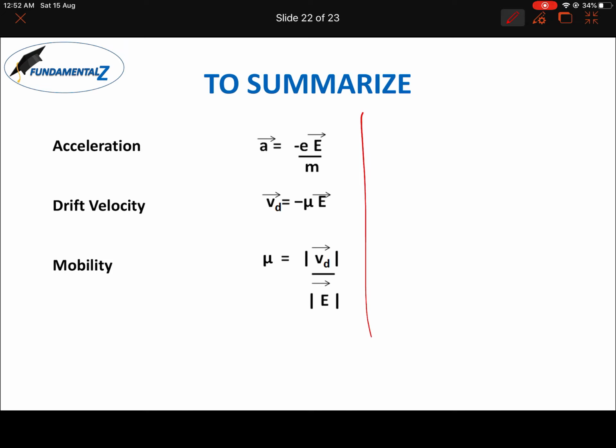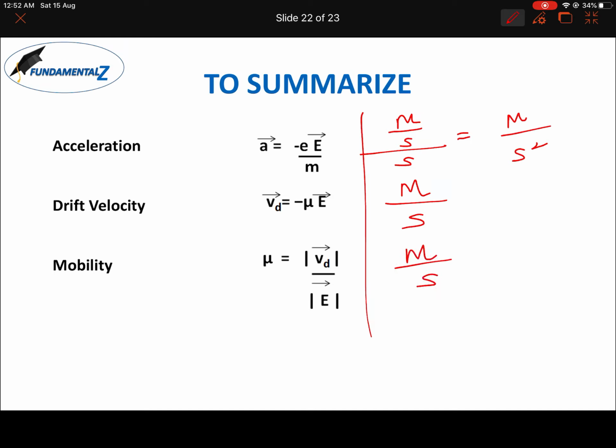Velocity is nothing but distance by time. So distance means meters divided by time, seconds. Acceleration is nothing but velocity by time. So what is velocity? Meter by second. That divided by second is meter by second square. Next, mobility. Mobility is nothing but velocity by electric field. What is velocity?